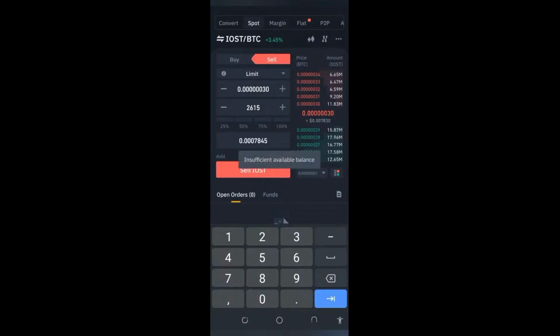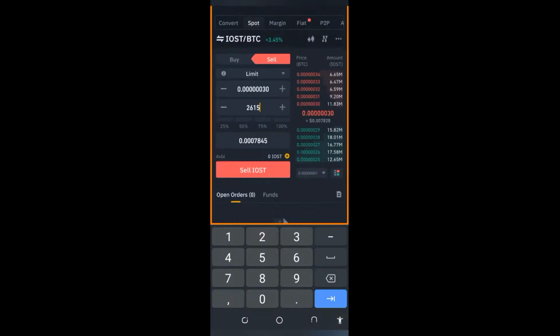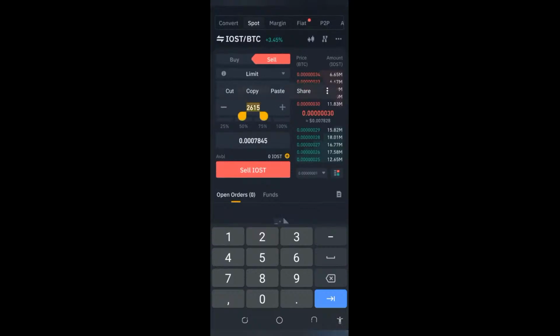So we have 7845. Now, I don't know what this is, but first off, I have 2615. Would I be able to sell that? That means I'm going to have to pick this. You can see it here. If I have to get this sold quickly, I have to pick the lower price. So if I pick the lower price, will there be any profit?